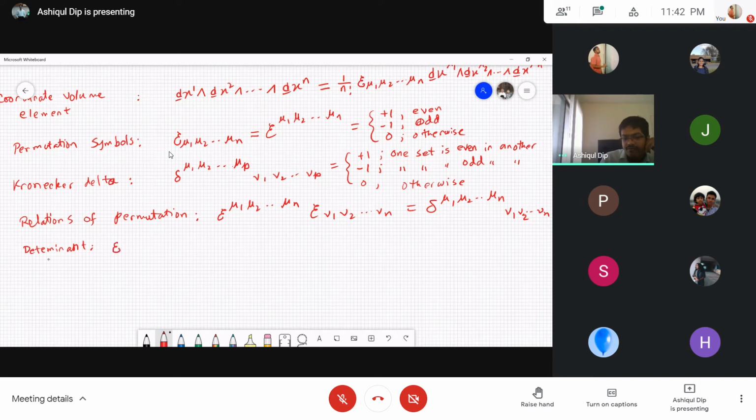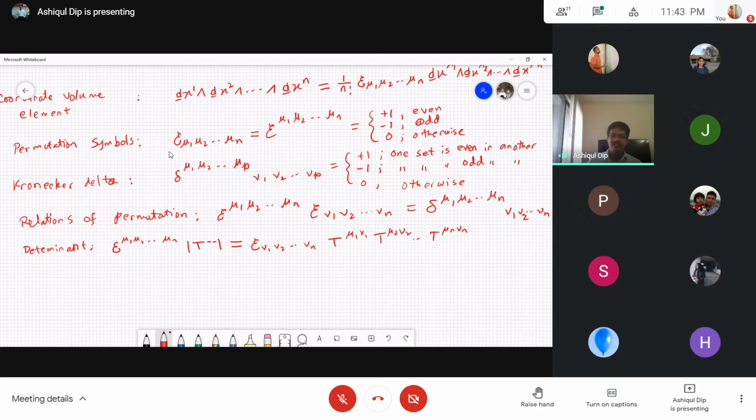E with upper indices mu1, mu2 up to mu n times the matrix T, which has two upper indices, equals E with lower indices nu1, nu2 up to nu n, T mu1 nu1, T mu2 nu2, up to T mu n nu n, right?